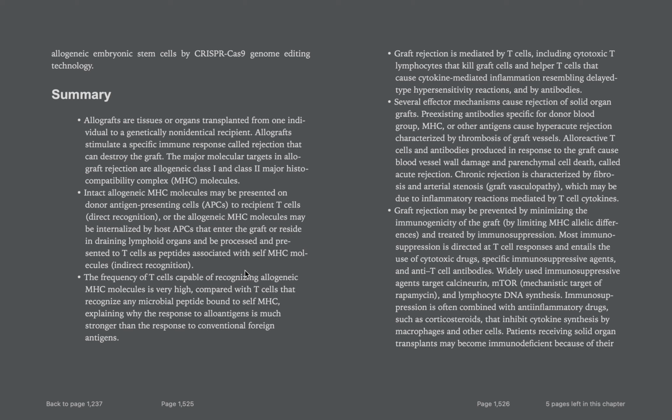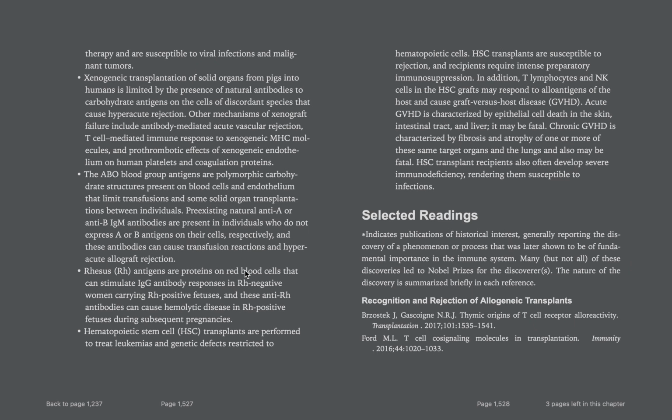Widely used immunosuppressive agents target calcineurin, mTOR, mechanistic target of rapamycin, and lymphocyte DNA synthesis. Immunosuppression is often combined with anti-inflammatory drugs such as corticosteroids, which inhibit cytokine synthesis by macrophages and other cells. Patients receiving solid organ transplants may become immunodeficient because of their therapy and susceptible to viral infection and malignant tumors.